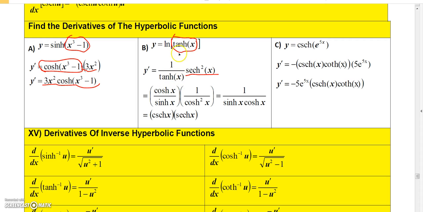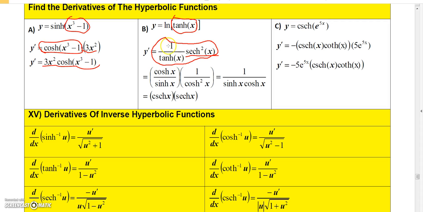Now, I went ahead and showed you that we could actually simplify this a little bit using some rules. The 1 over the hyperbolic tangent can be written as hyperbolic cosine of x over hyperbolic sine of x, and hyperbolic secant squared of x can be written as 1 over hyperbolic cosine squared of x. So you might have to look up those properties, but trust me, that they can be written that way.